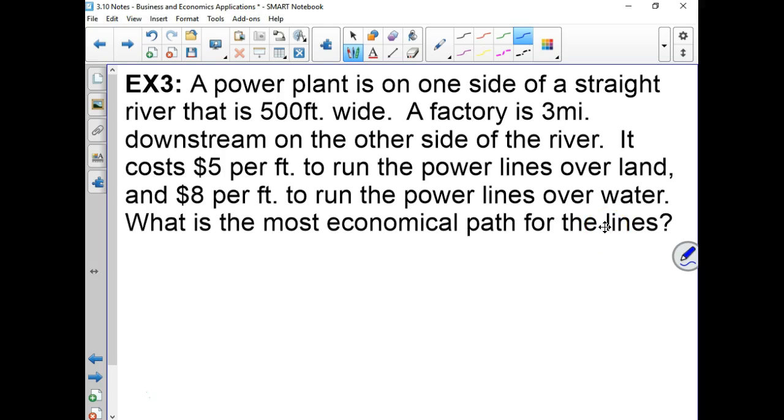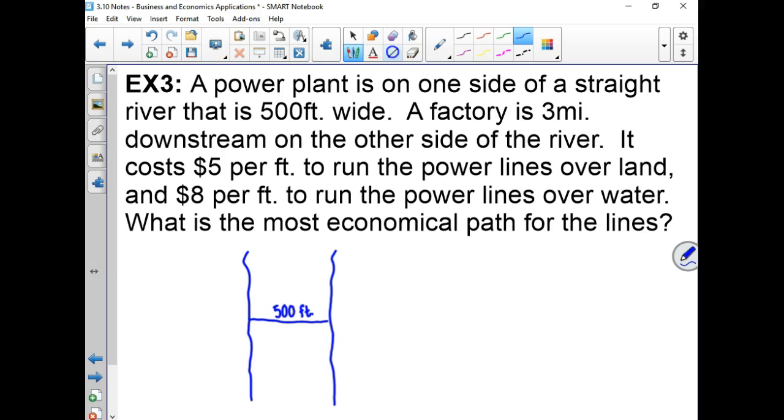So we've done some problems sort of like this. This is like the rowboat problem, where you can't row as fast as you can walk down the beach. So we have a river, and this river is 500 feet wide, and conveniently it's 500 feet wide all the way down the river, and we know exactly all this stuff.